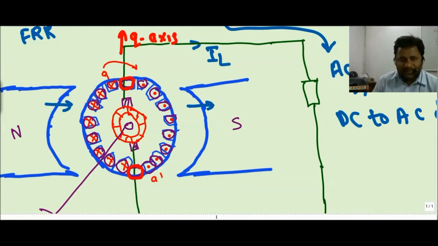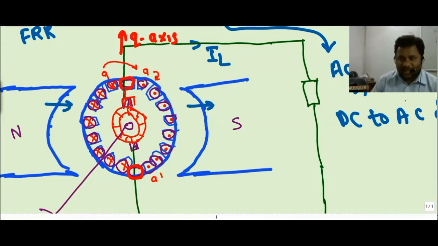Here conductor A has a cross, and when it moves and comes under the influence of south, it has a dot. This is the commutation. This happens in the coil, and we get the DC part. So commutation means current reversal: the direction of current is reversed when it passes through the brush axis.